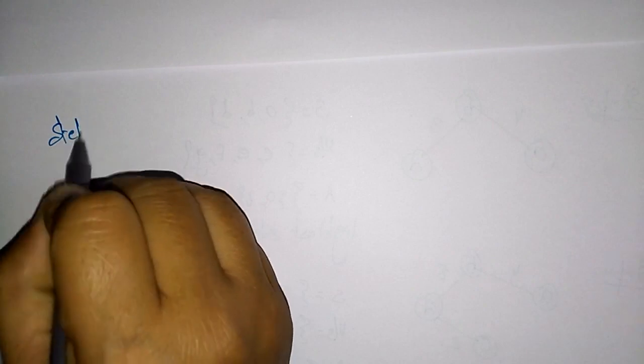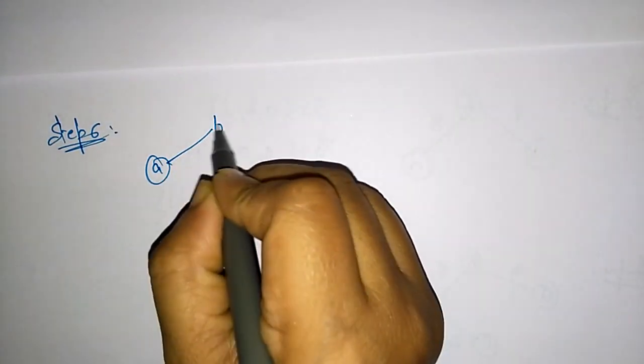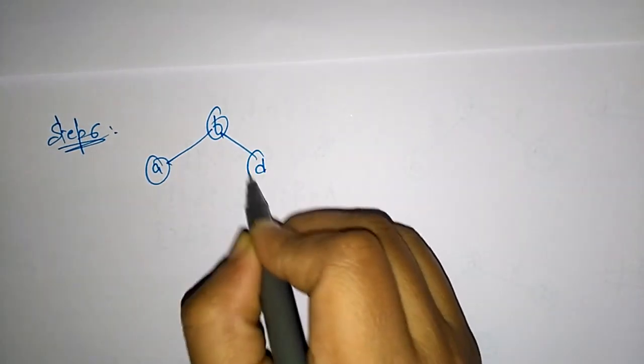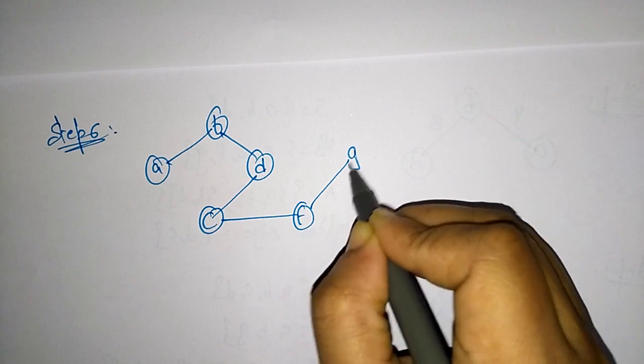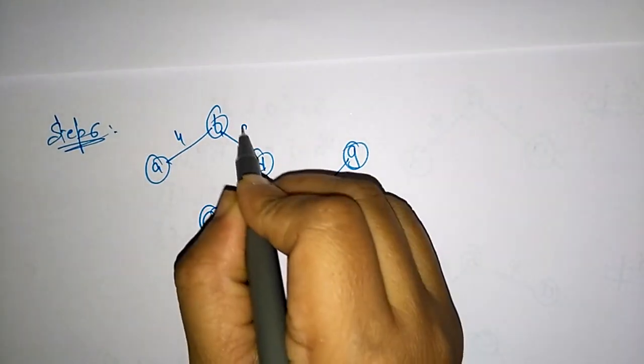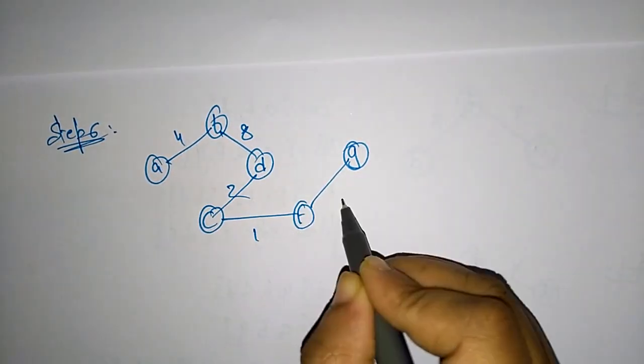Okay, so let me write that. Step 6: A, B, D, C, F, G, with weights 4, 8, 2, 1, 2.